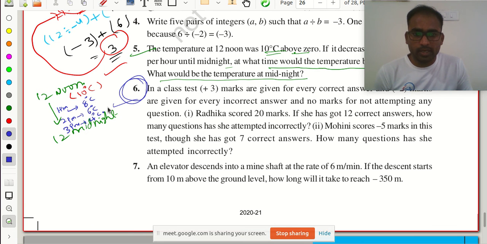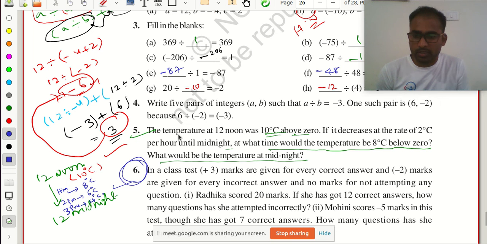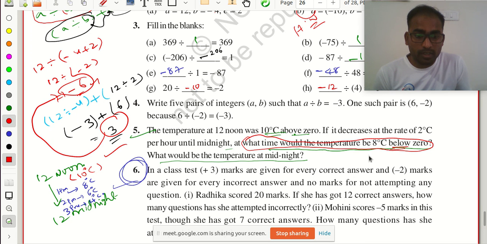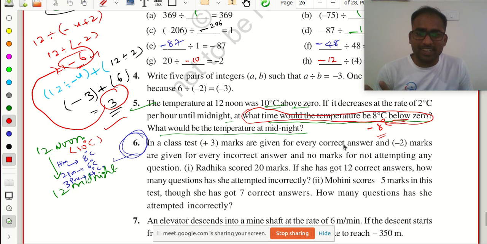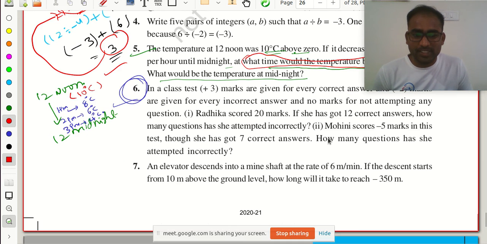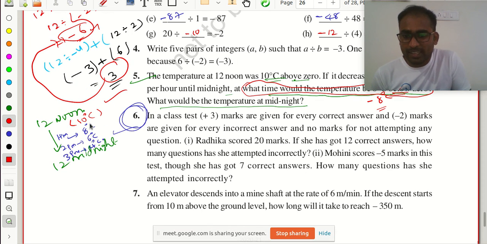Here he asked one question: at what time would the temperature be 8 degrees centigrade below 0? Please observe here. Below 0 means what? Minus 8 degrees centigrade. When does minus 8 degrees centigrade happen? That is what we need to check. Here 8 degrees centigrade above 0 means positive value.